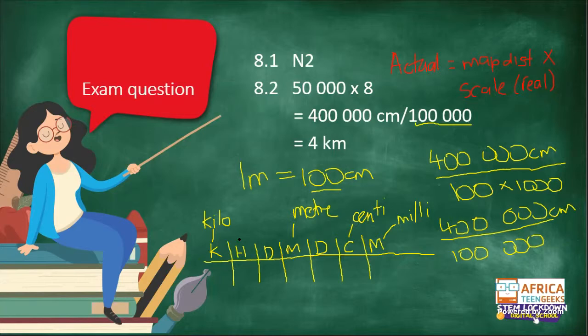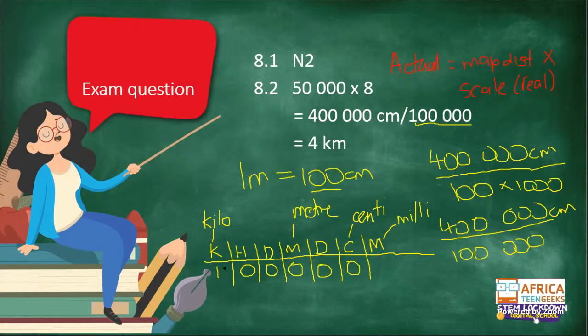For example, if I'm converting between kilometers and meters, you basically put a 1 next to K and write zeros until you reach M for meters. So 1 kilometer is equal to 1,000 meters. Now, if I want to know how many centimeters are in a kilometer, I basically write zeros until I reach C for centimeters.